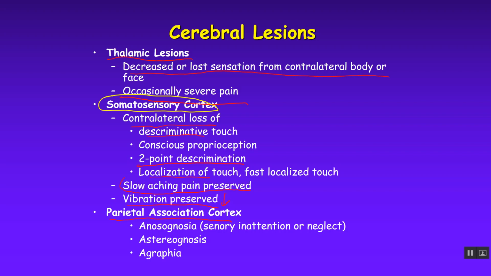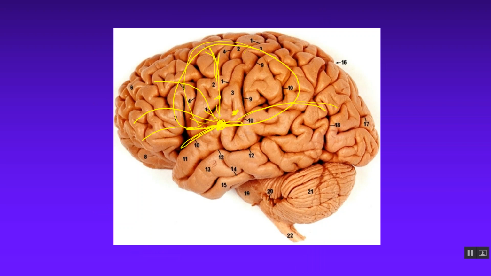So you can have a fairly small lesion in the internal capsule that can wipe out your whole one side of your body, because your arm, leg, everything is really close together. When you get to the cortex, it fans out and goes to different regions. So even a fairly large lesion in the cortex, like the large middle cerebral artery lesion I just showed you, may only affect more of the arm and face for sensation.